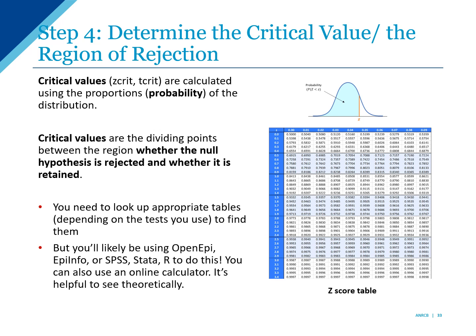You typically need to look these values up in appropriate tables, like this z-score table, but you'll likely be doing this on software like OpenEpi, EpiInfo, SPSS, or R. You can also use an online calculator, but it's helpful to see theoretically what is happening in determining when we reject or retain a null hypothesis.